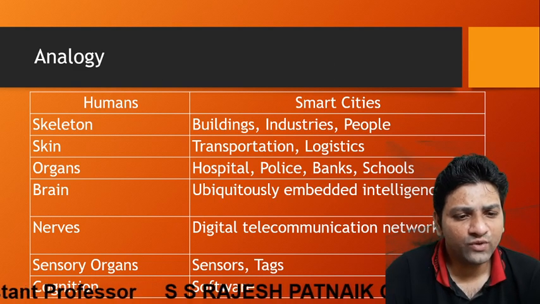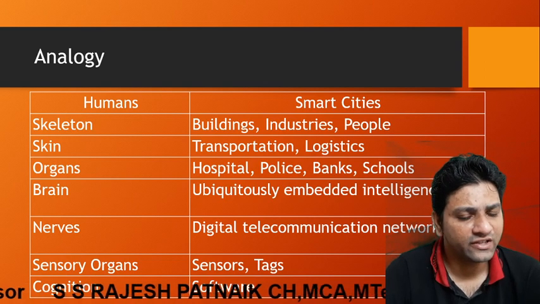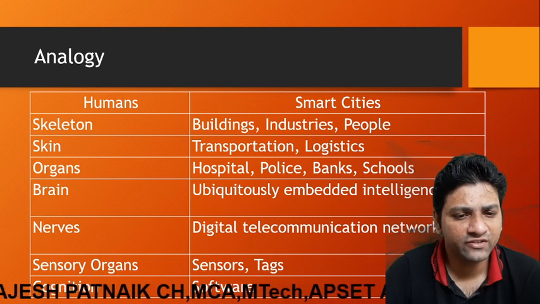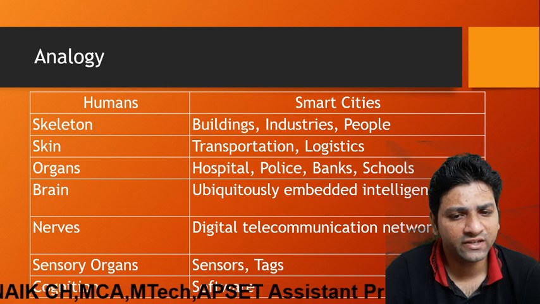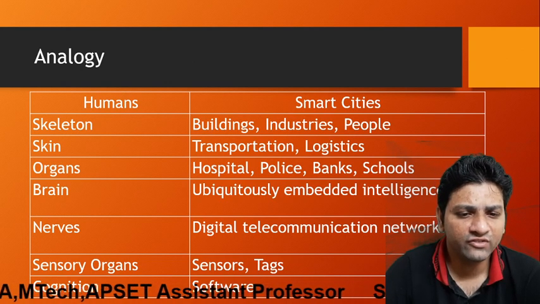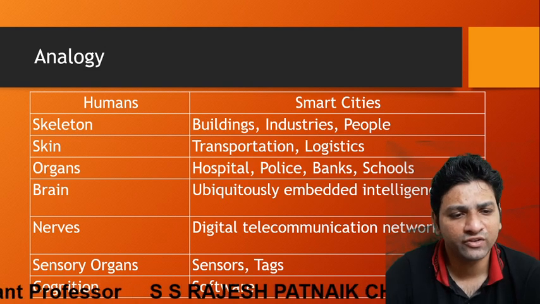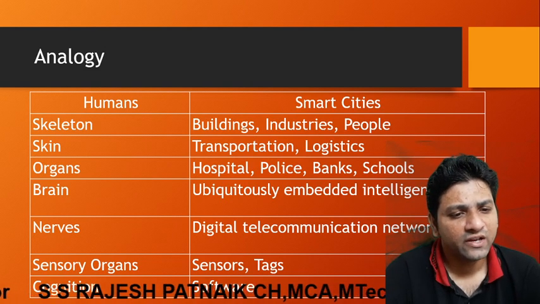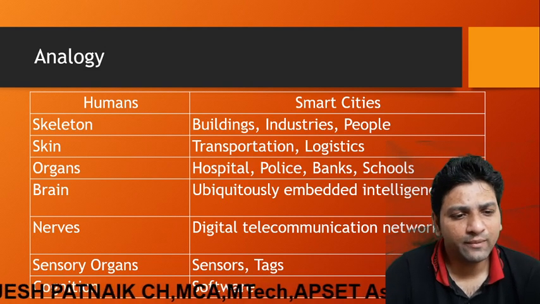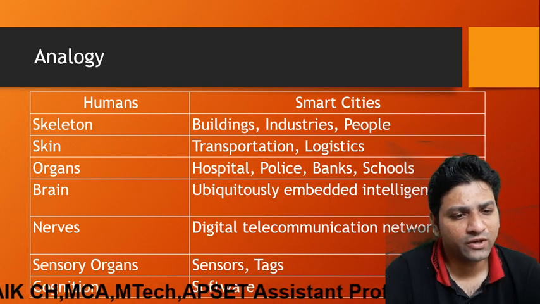Coming to organs: just as we have organs in a human, in smart cities we have hospitals, police, and banks. These major elements in smart cities are like organs. The brain is one of the major parts of the human.